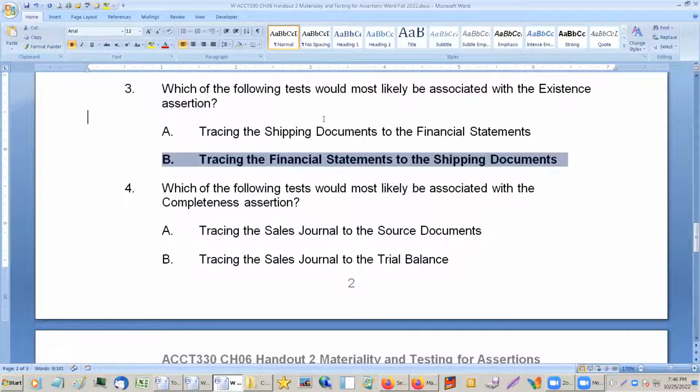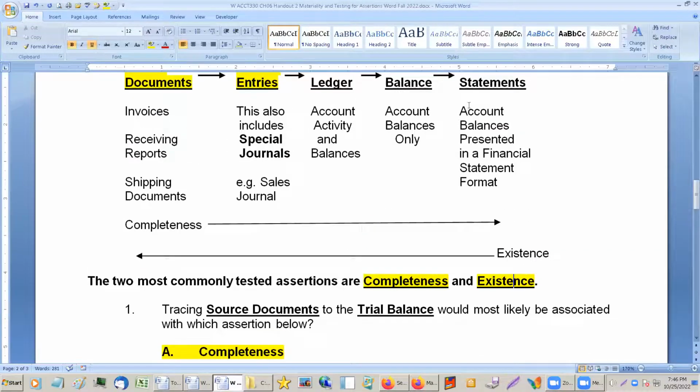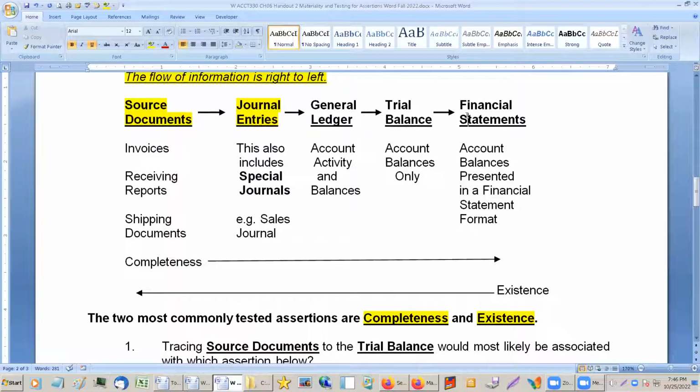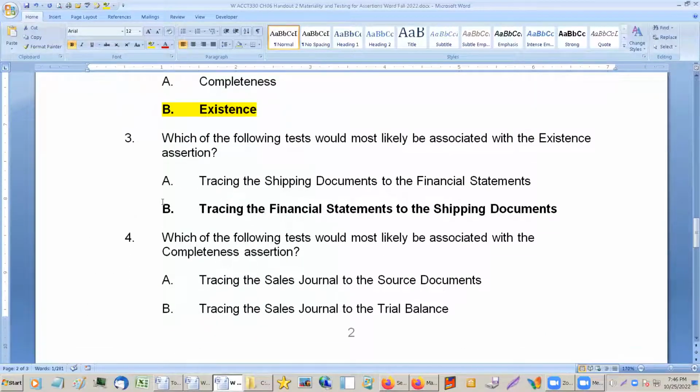You're going to go backwards. So this is the existence one. You can go from the financial statement back to the shipping documents here. You're trying to prove that those sales exist, or whatever it is you're looking at.